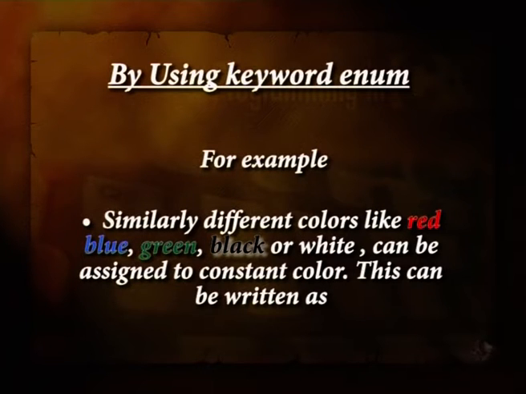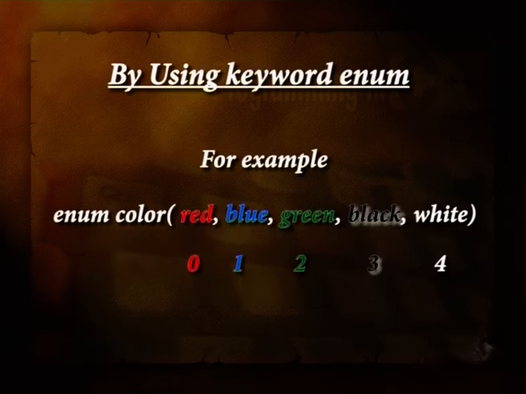Similarly, different colors like red, blue, green, black or white can be assigned to a constant color. This can be written as enum color red, blue, green, black, white. By default, the first constant has a 0 value. So, red has an integer value of 0, blue has 1, white has 4.